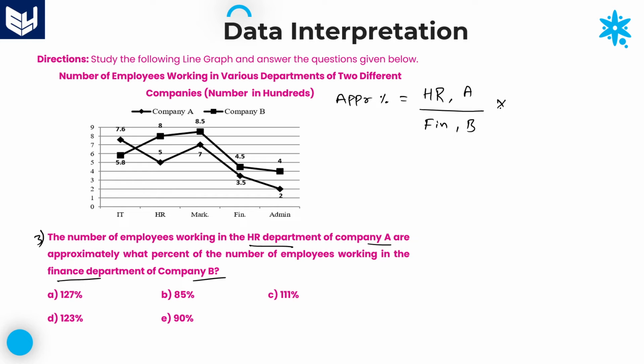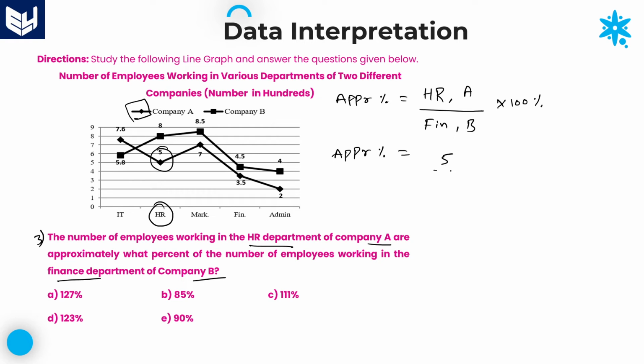Whenever you are calculating percentage, into 100 percentage symbol is a common point. Now you need to calculate the approximate percentage, which is equal to, check it out, HR department company A. Company A is the rhombus shape, that is 500. 5 into 100. Into 100 is not required. Why? Because that is there in the denominator also.